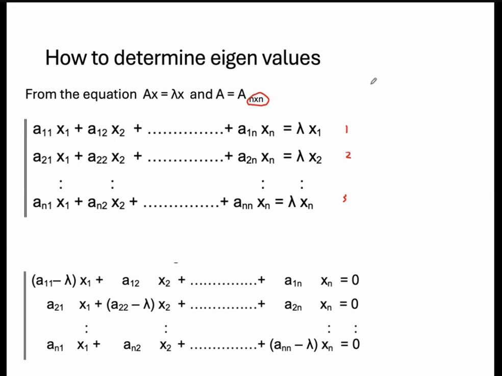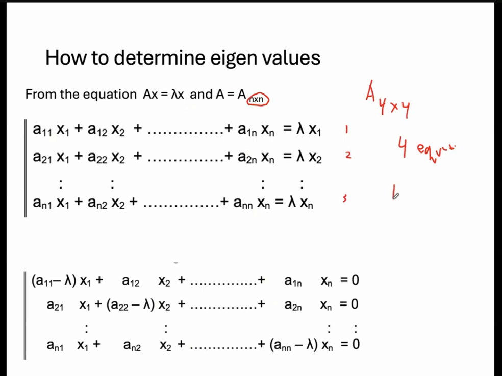Okay, for example, if we have a matrix where the number of rows is 4 and number of columns is 4, we have 4 equations.